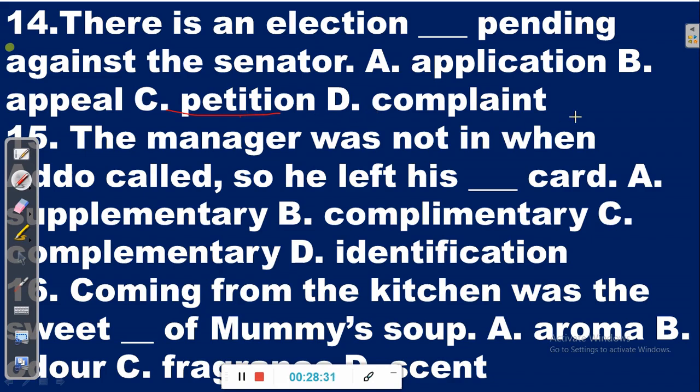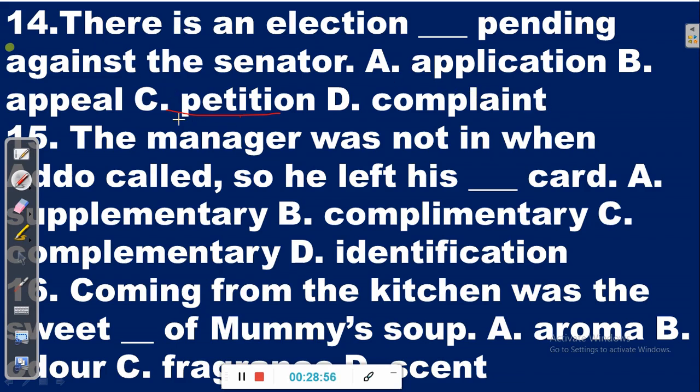The next one is complaint. A complaint is an official statement saying that something is unacceptable, or unsatisfactory, or wrong. You can write a complaint letter or a letter of complaint, all right? But that actually doesn't fit in here.